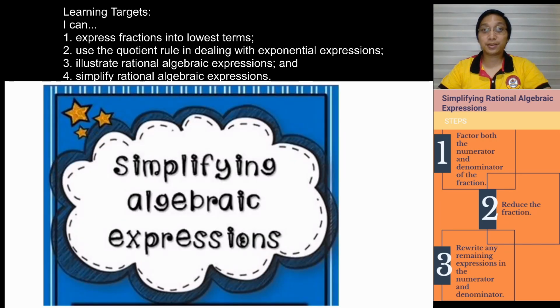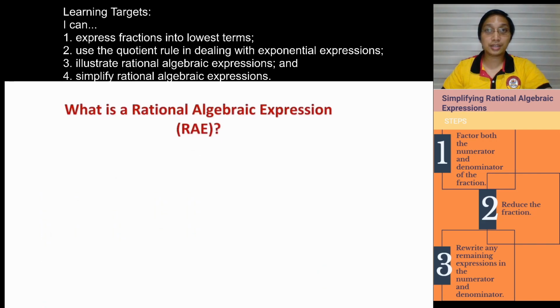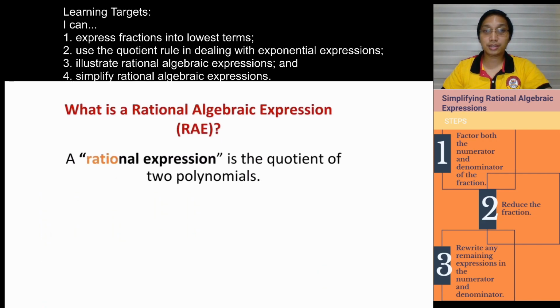Okay, now that we're ready to simplify algebraic expressions, let us first unlock what is the meaning of rational algebraic expression. A rational algebraic expression is a quotient of two polynomials. From the word itself, ratio, it means it's a fraction form.